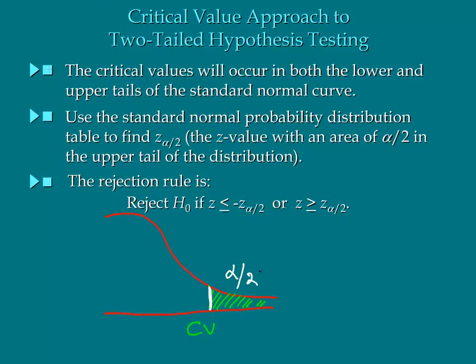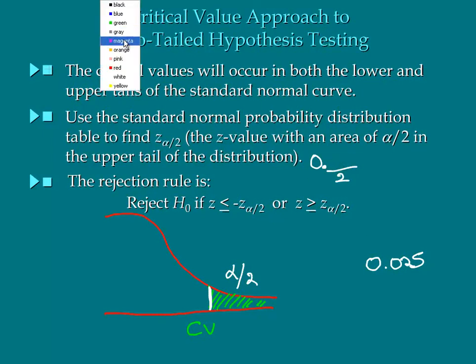Let's say alpha is 0.05, so alpha over 2 is 0.025.